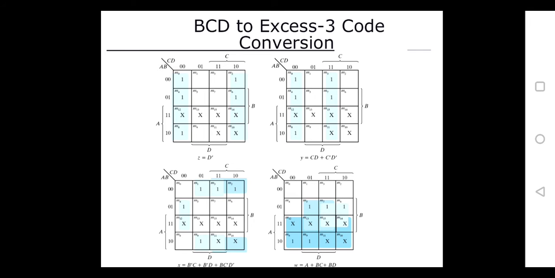So if we take all the don't cares as ones, we get one octet. The combining or grouping of 8 cells is called an octet. In this octet, the corresponding minterms vary from 8 to 15. So 8 to 15 are present in the last 2 rows and all the columns. As it covers all the columns, all the column variables are cancelled out.